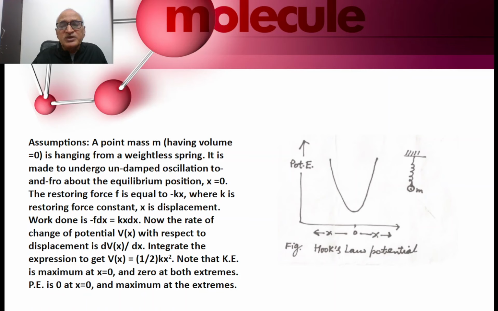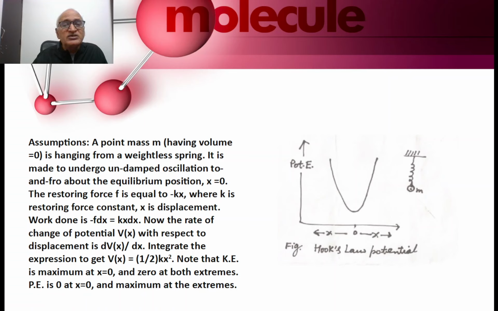When it is displaced to the two extremes shown on the graph, at the extreme point kinetic energy becomes minimum, 0, and the potential energy becomes maximum. At x equal to 0, potential energy is minimum or 0. So this graph nicely explains the change of potential energy with respect to displacement x.